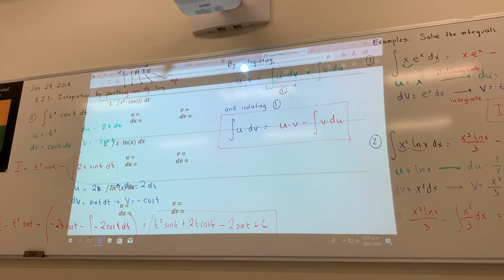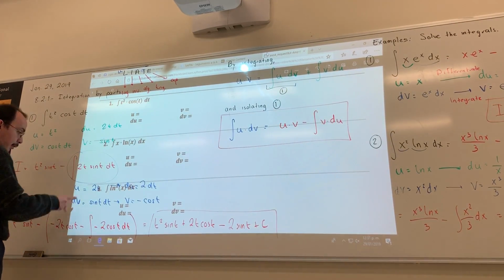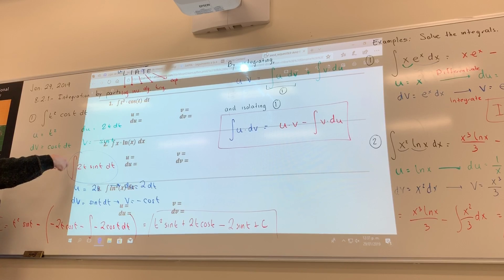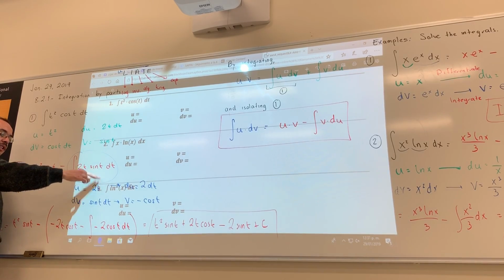Yeah? Yes. Which one? From here? With the formula? Remember, I cannot do that directly, so I need to apply the formula again. I found u, which is 2t. I found dv, which is sine of t.